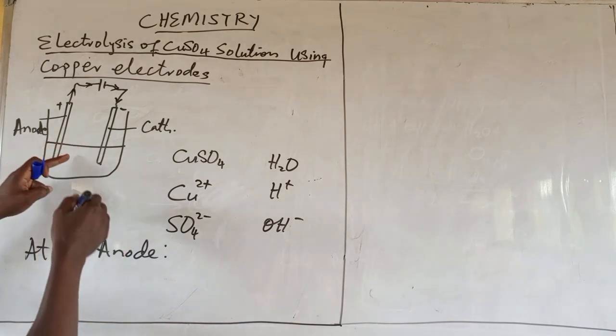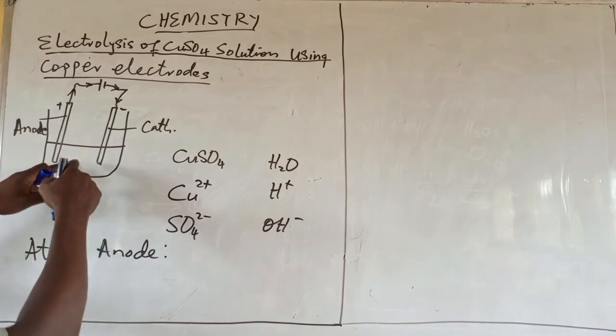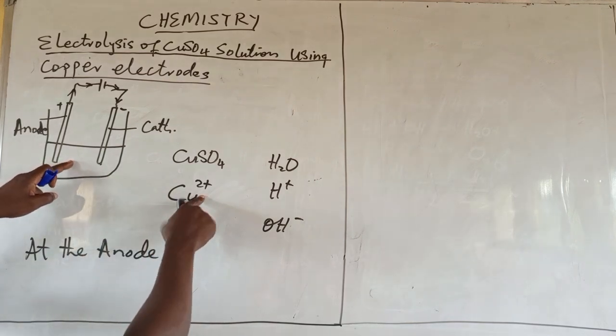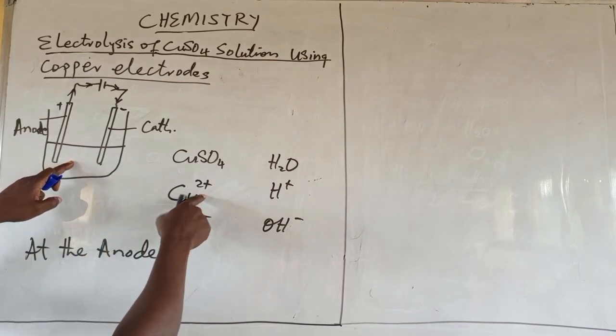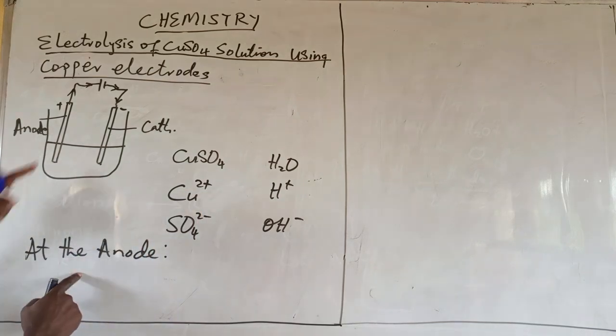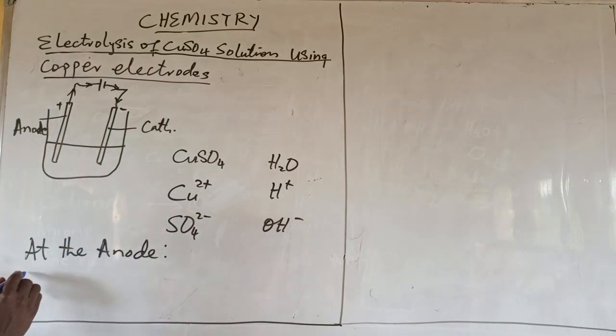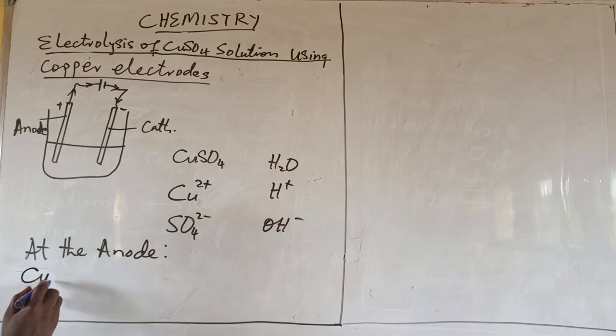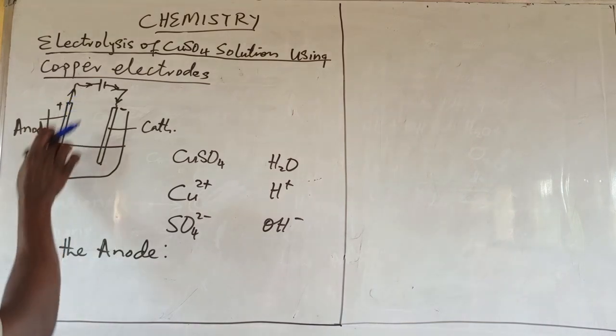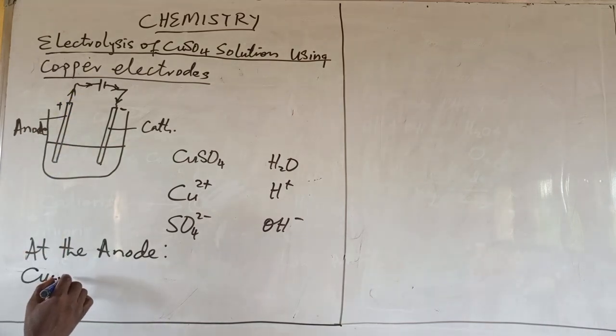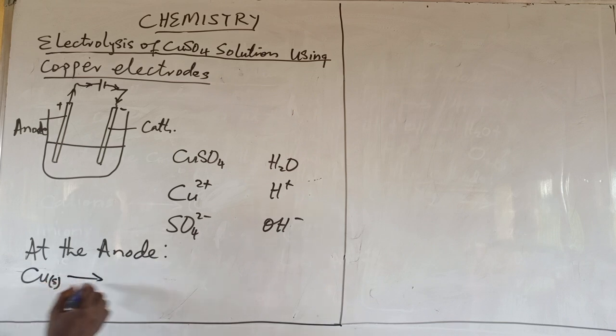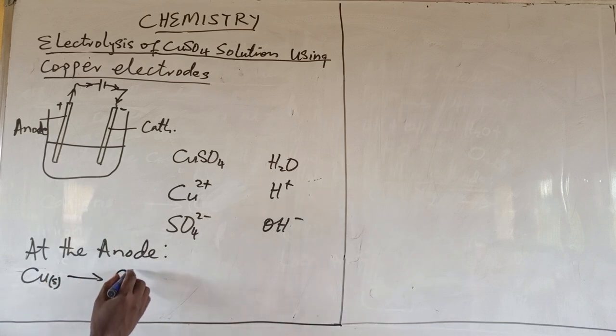As it is falling into the solution, in an attempt to increase the concentration of copper(II) ion, because as it is giving out electron, it will be as Cu, this is solid, which is the plate. Now giving out electron, it will now turn to Cu2+, which is in solution, aqueous.